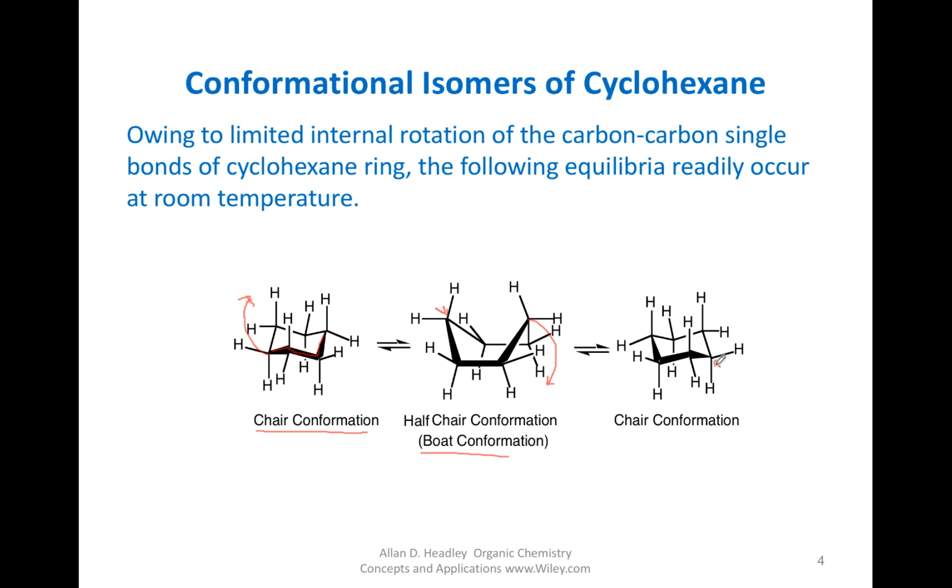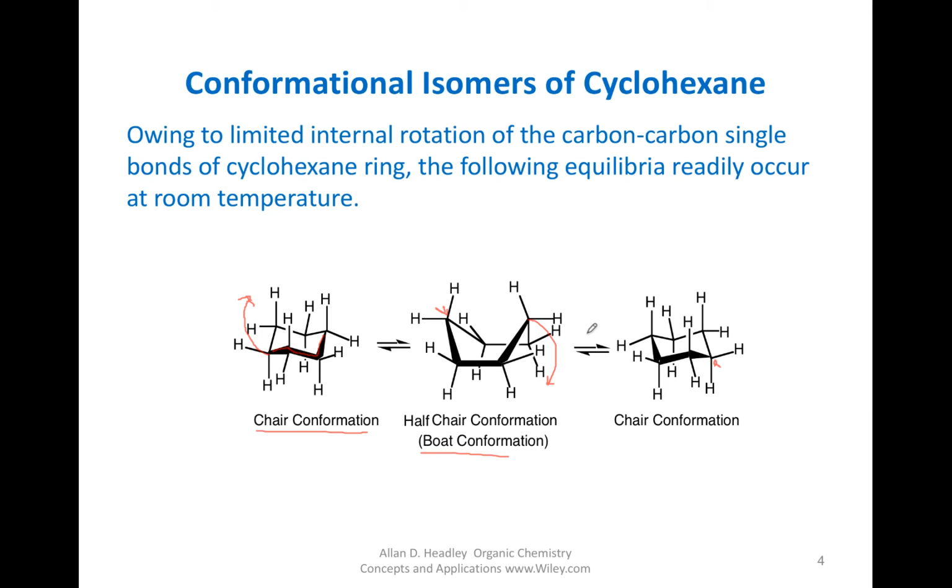So that's the chair. So you can go from one chair to another chair, and these equilibria readily happen at room temperature. So in other words, if you should get a sample of cyclohexane, these two equilibria here are constantly happening, flipping from chair to boat and back to chair.